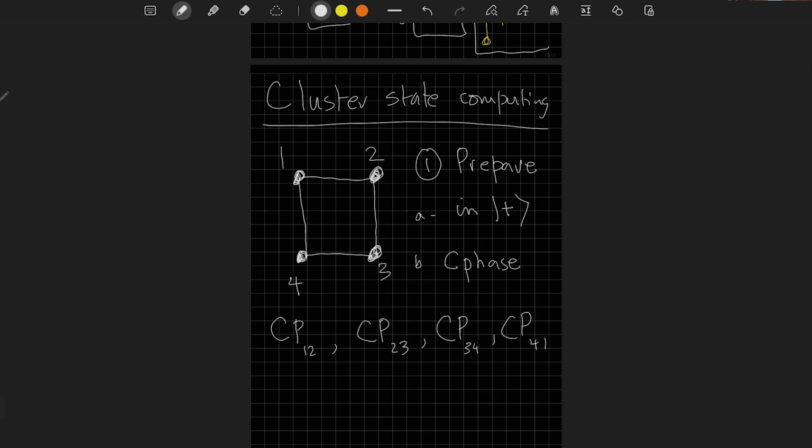So now this is my initial state for cluster-based computing. This is called a cluster.